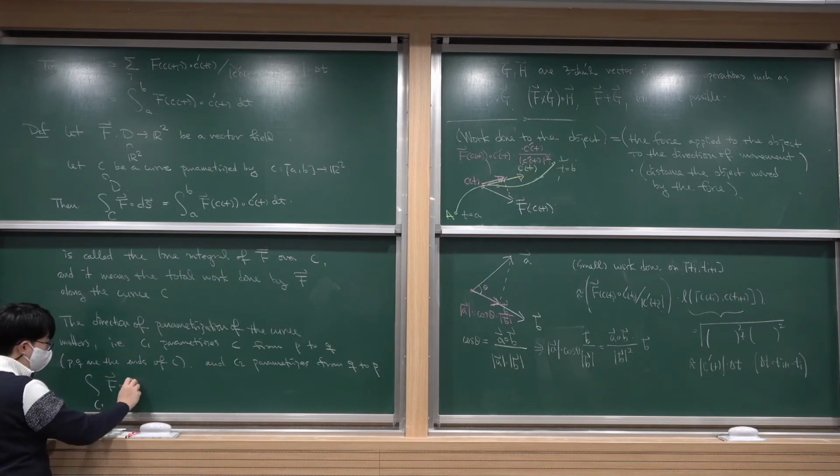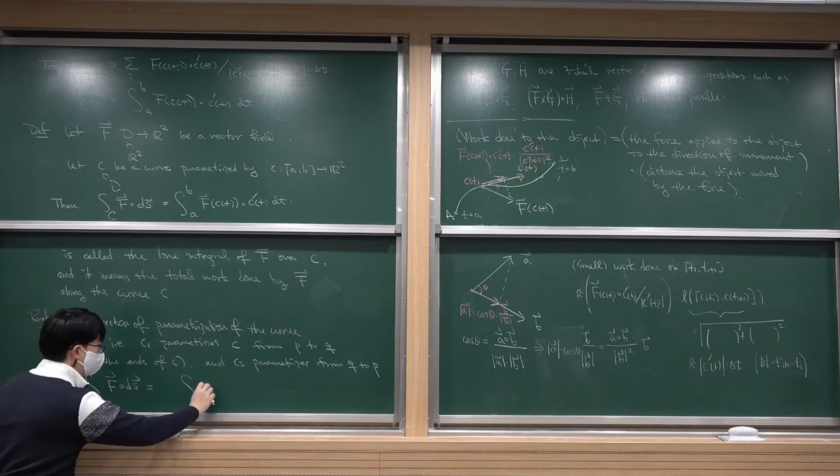What do you expect when you do the line integral over C1 and C2?